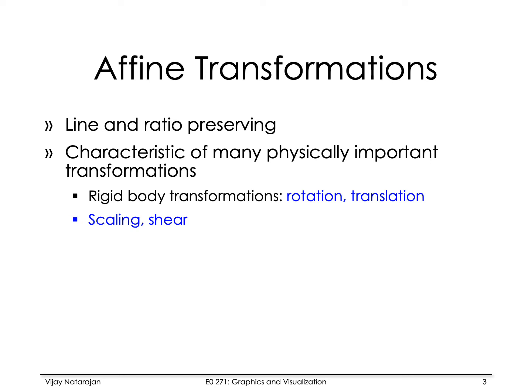So almost all the transformations that we care about can be modeled using affine transformations. So for example, they include all the rigid body transformations, rotations, and translations. In addition, scaling transformations are also affine. Shear transformations, which we will see later, are also affine transformations.